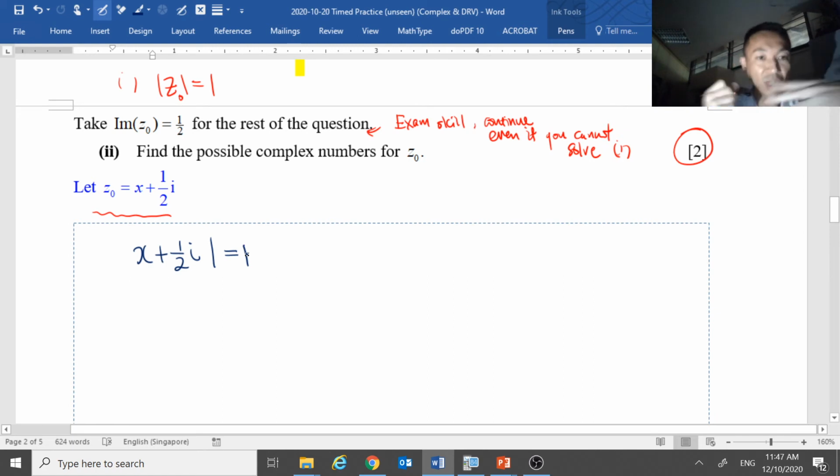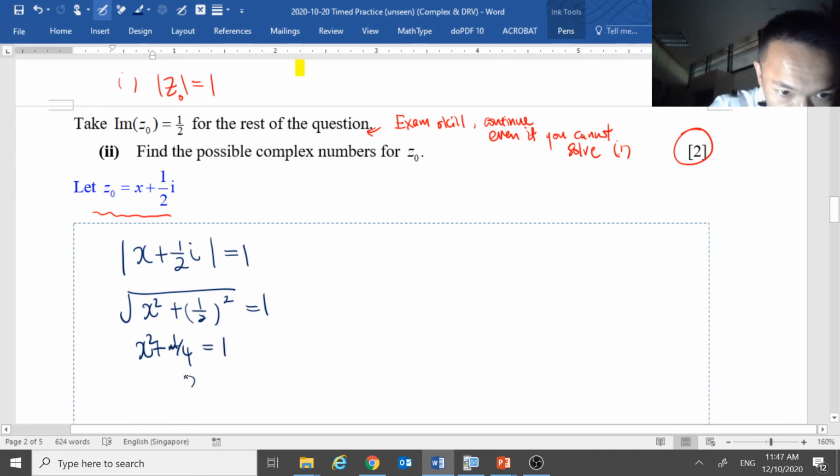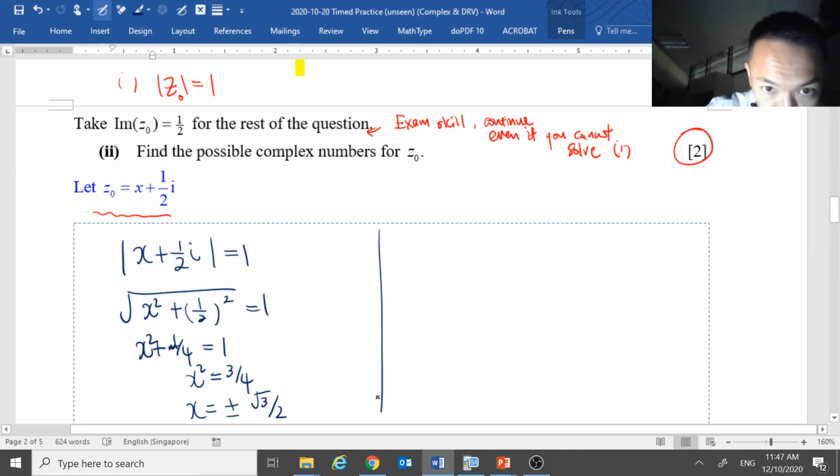Once you do that, I think it is not difficult. You get square root of x squared plus half squared equals to 1. You get x squared plus 1/4 equals to 1. x squared equals to 3/4. x equals to plus minus root 3 over 2.